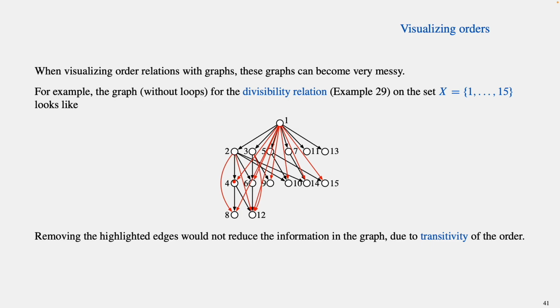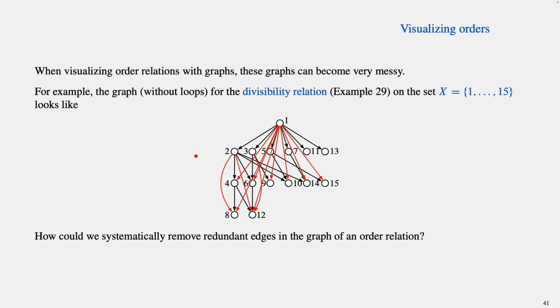If we know 2 is related to 4 and 4 is related to 8, then we know by transitivity that 2 must be related to 8. So it would be unnecessary to include this edge in the graph because in principle it can be recovered from just having these two edges. And removing all these edges that go over more than one level in this graph would actually greatly enhance the clarity.